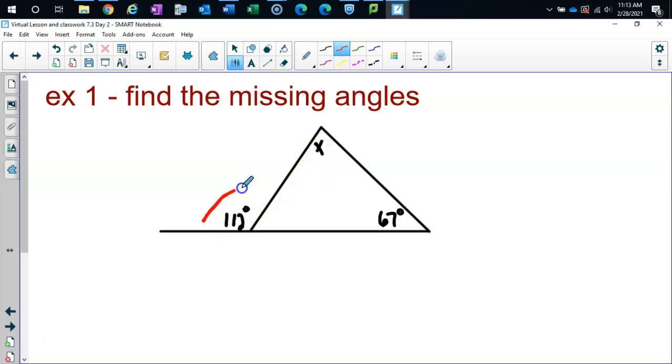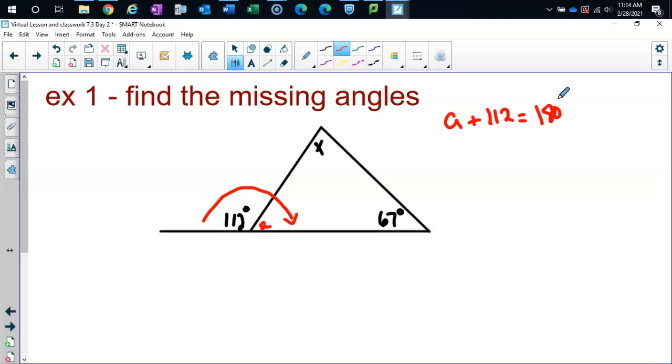Well, look, these two angles are a linear pair. Let's remember that a linear pair, I'm going to call this A. I can't call it x because that's x. We need to find angle A first. Well, a linear pair adds up to 180, or they are supplementary. So my equation is going to be A plus 112 equals 180.